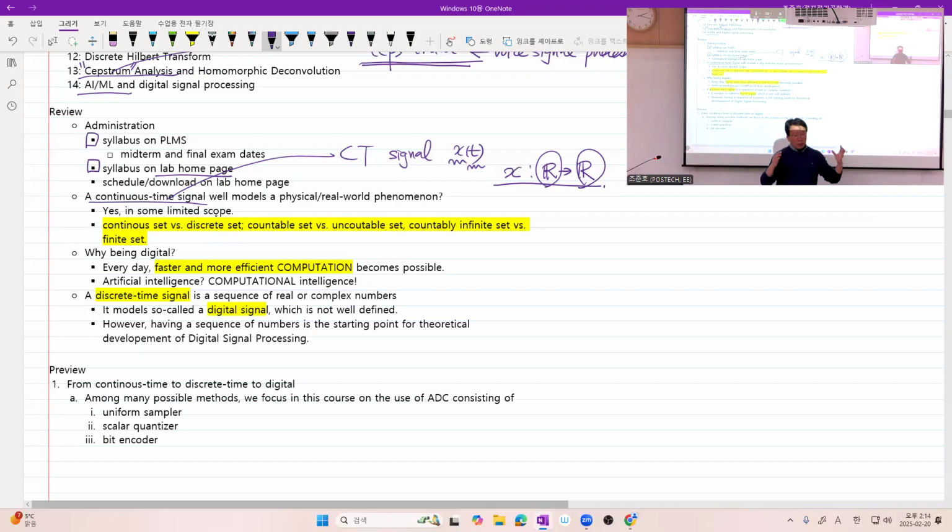But if many electrons and many holes are involved in our electrical engineering problem, then, under the limitation of our measurement equipment, the current may be seen as a smooth function of the continuous parameter time, right? So in that sense, a function from R into R may well model the real world.